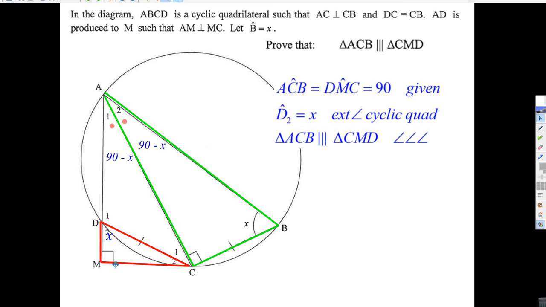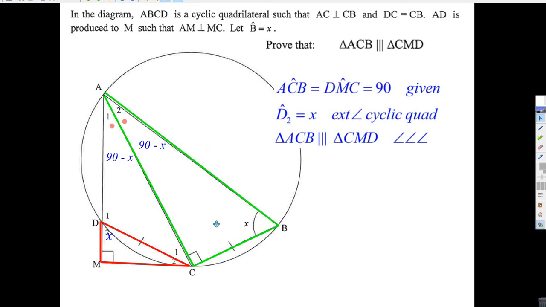So I like to use a little color, CMD. I can look at the triangles that we're talking about here. And all we have to do is match up two angles. Well, that 90 degrees pops up right away. That angle ACB, where the C is, and DMC, where that M is, are both 90 degrees.